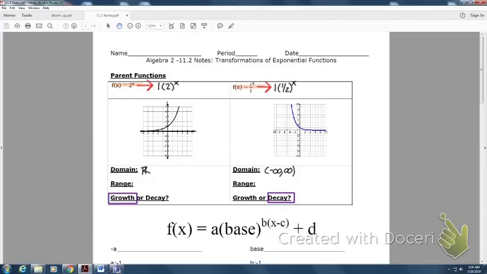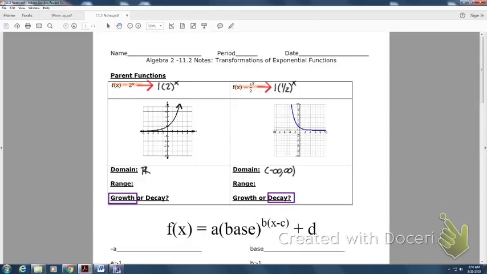Taryn, what would my range be on this one? To positive infinity. Does it go below 1? Yeah.